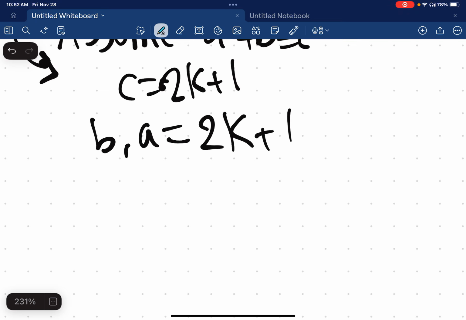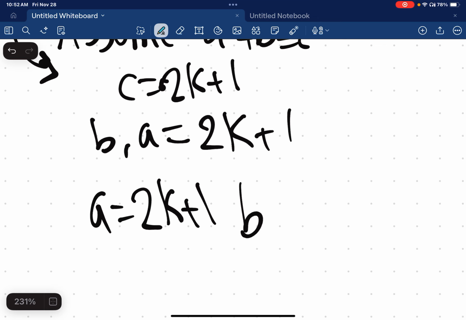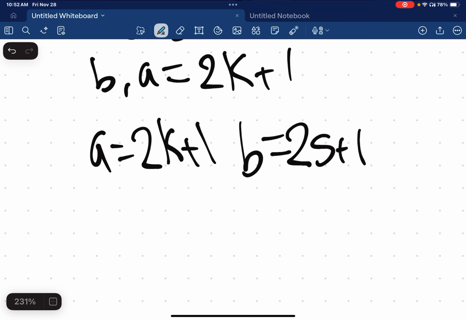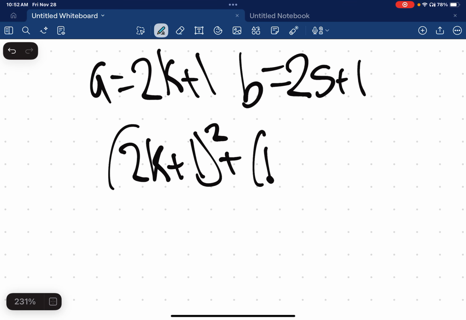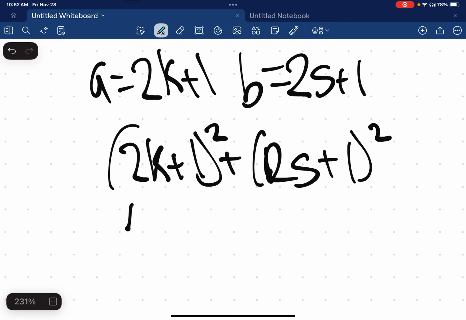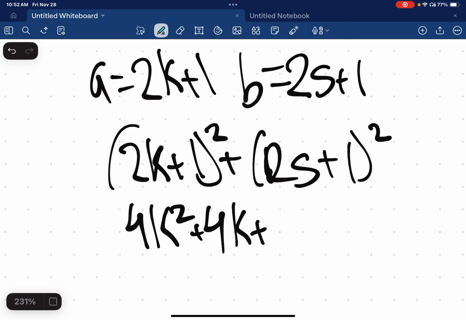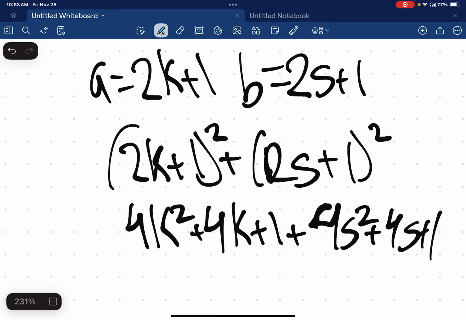If that's true, then that means that a can be equal to 2k plus 1, while b is equal to 2s plus 1. Squaring both sides, we get 4k squared plus 4k plus 1 plus 4s squared plus 4s plus 1.